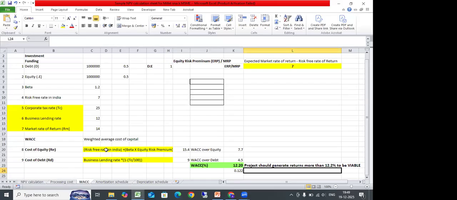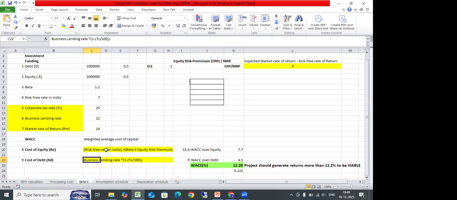Once again, can you please elaborate what is cost of debt? How did we define it? Cost of debt is the business lending rate. It is the interest which we are paying on the loan which we have taken from the bank. Then what is the corporate tax rate?